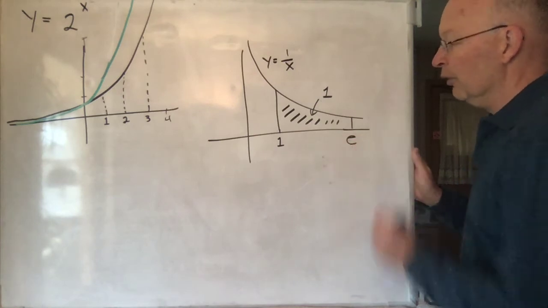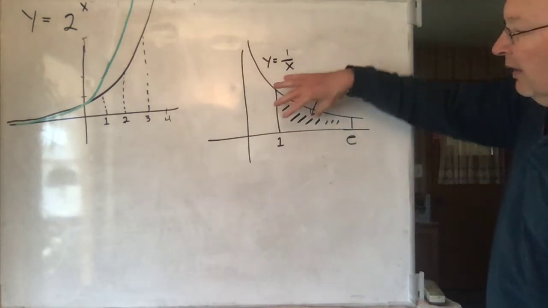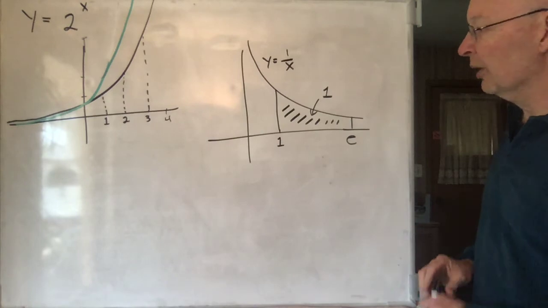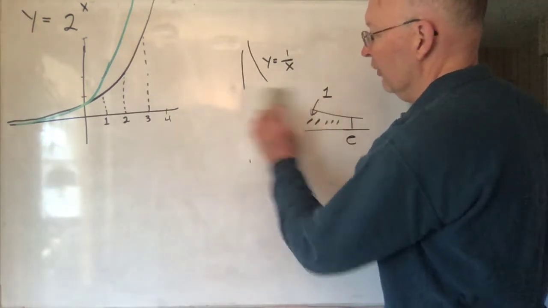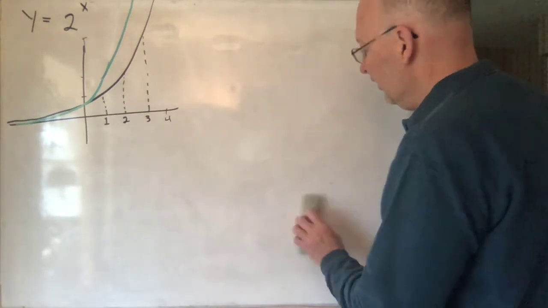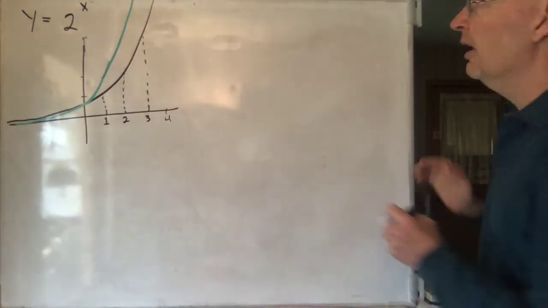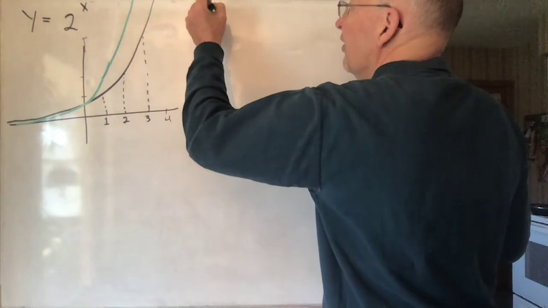It turns out you have to go to that same number. If you go to e, then that's where the total area is 1. So we'll be discussing those various things as we go throughout the course. But the point is, e is this very important number, and it's between 2 and 3 in size.